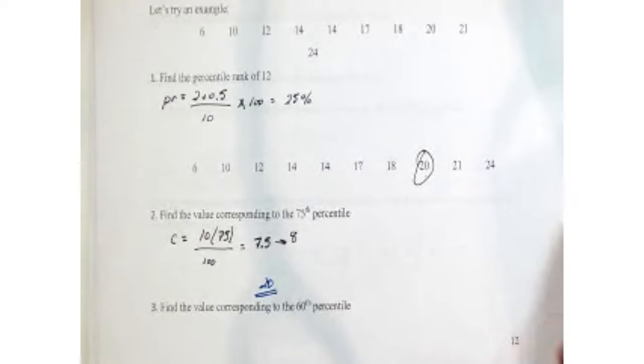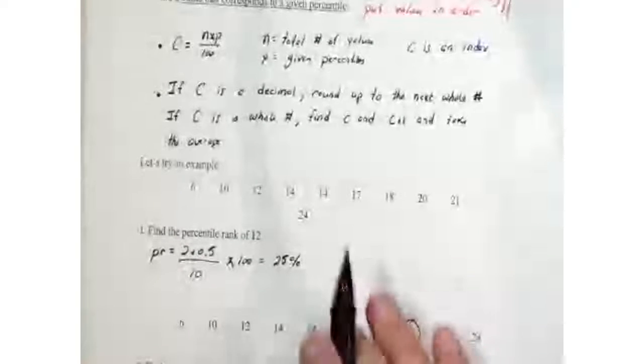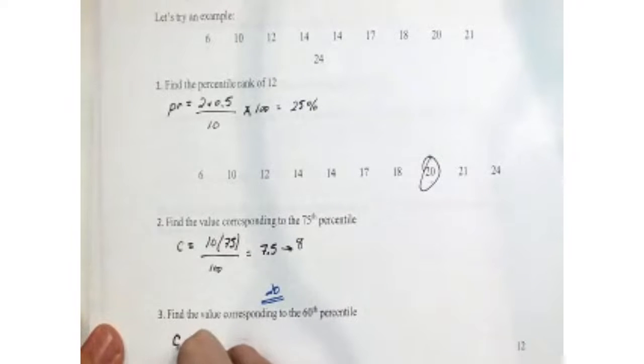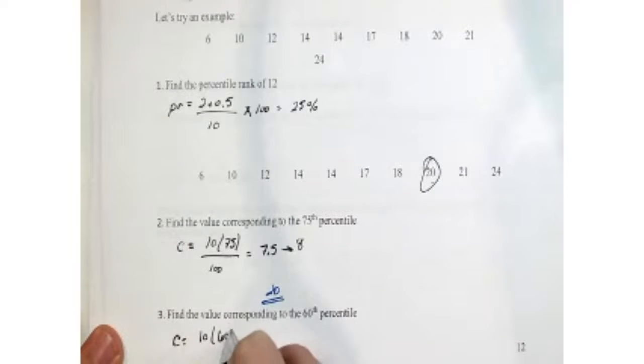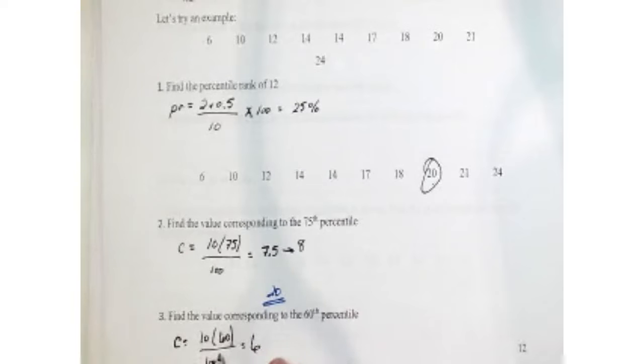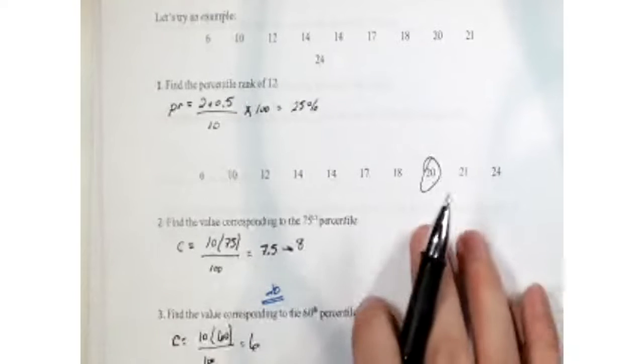Next, we're going to find the value corresponding to the 60th percentile, and that'll illustrate the second rule. We do the same thing: C equals NP over 100, so C is 10 times 60 divided by 100. Ten times 60 is 600, divided by 100 is 6.